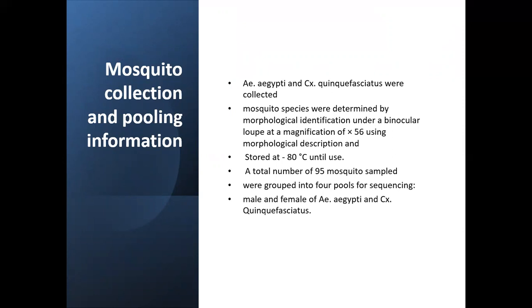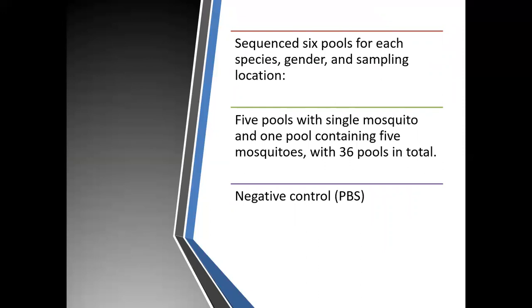A total of 95 mosquitoes were sampled, and they were grouped into four pools for sequencing: male and female of Aedes aegypti and Culex, so male and female for both species, totally four pools for sequencing. Therefore, the sequencing was done in six pools for each species, gender and sampling location: five pools with a single mosquito, and one pool containing five mosquitoes.